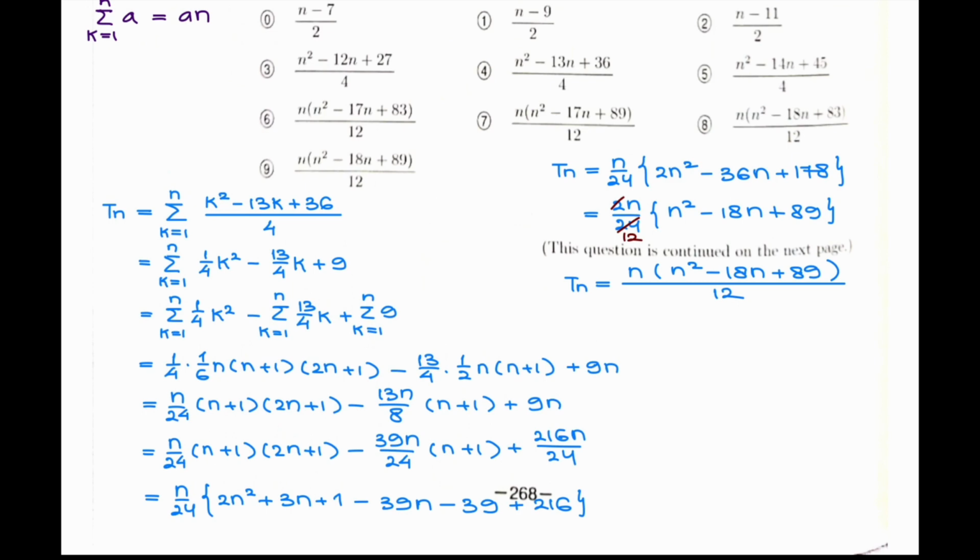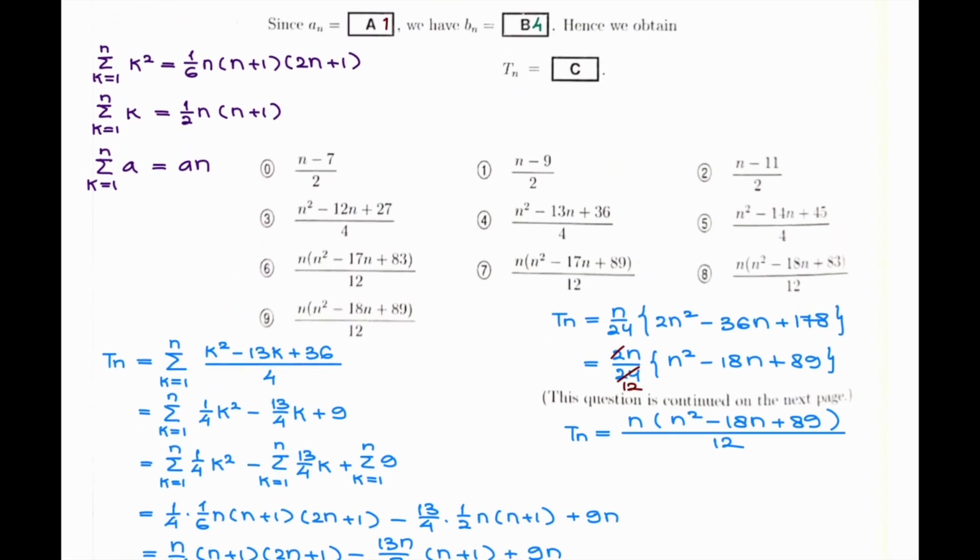So your final answer for letter C is number 9. N times n squared minus 18n plus 89 over 12. Yep, it's number 9 for letter C. Let's continue to the next part of this question.